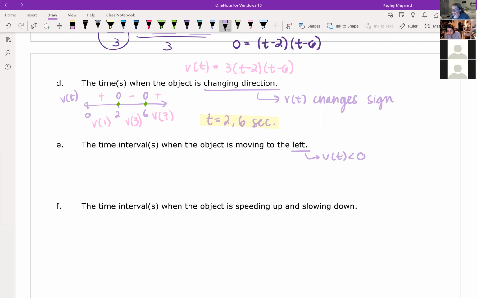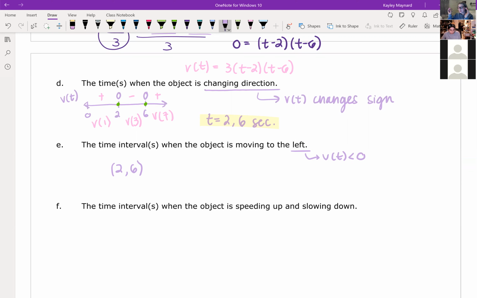So just using the chart that we did on part D, if v of t is less than 0, it's moving to the left. So does anyone have any ideas what interval the object is moving to the left? So where v of t is negative. From 2 to 6. Yep. From 2 to 6. And we never include the endpoints because at the endpoints, it's 0.